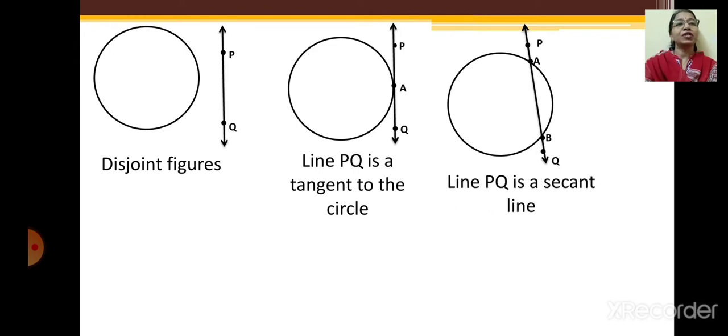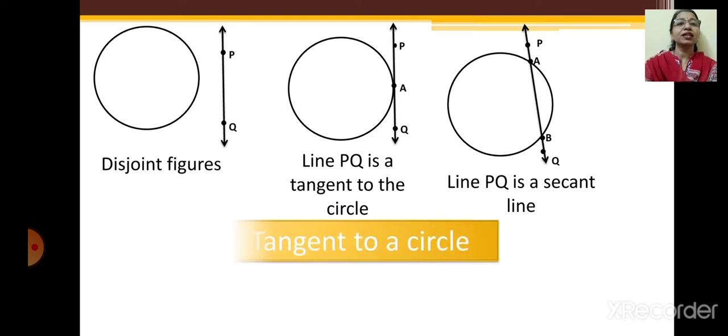So line PQ is a secant line. In this way, depending upon the position of the line, its name changes. So in this chapter, we are going to learn in detail about the circle, tangents and the properties related to them. So now let us define a tangent to a circle.